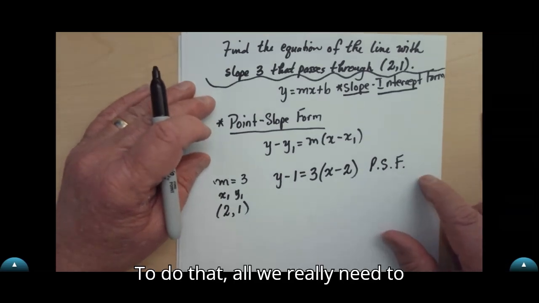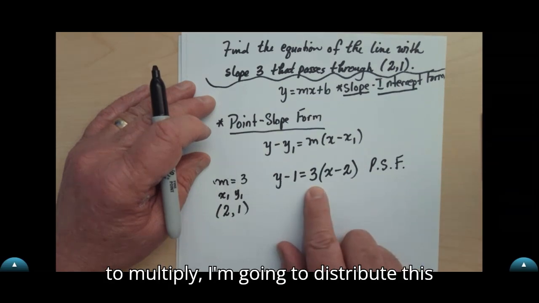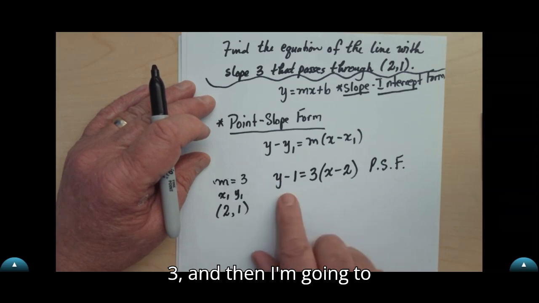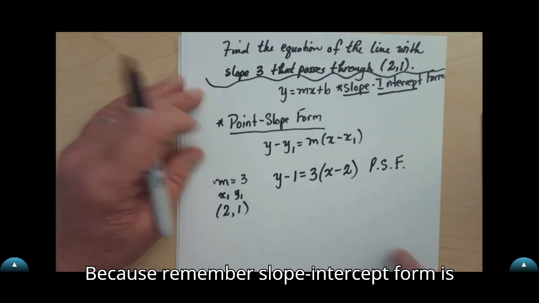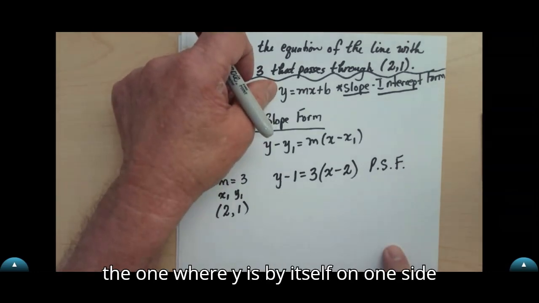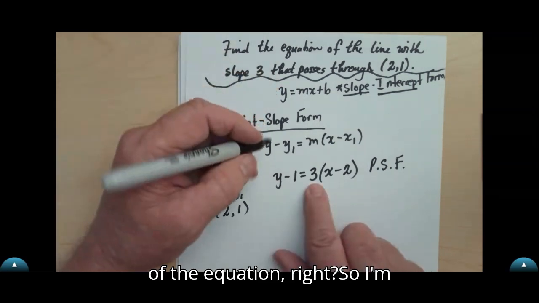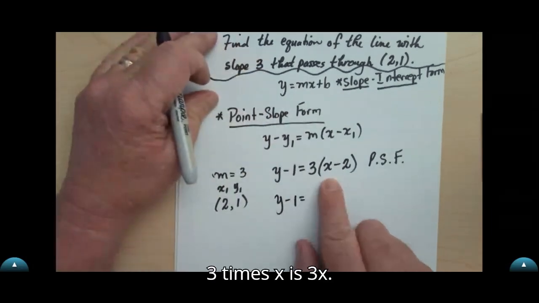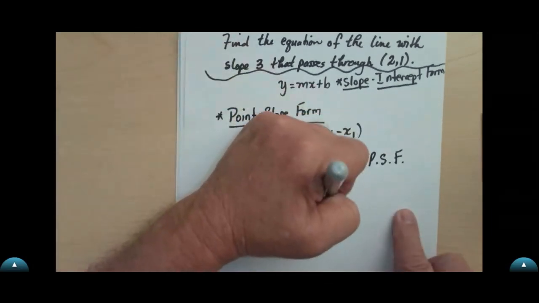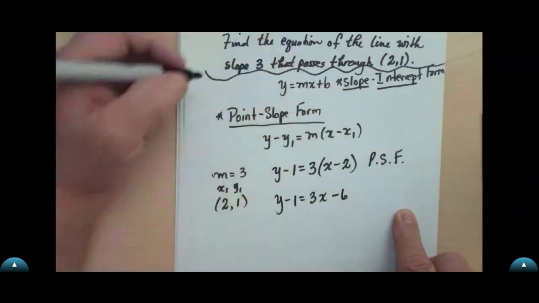To do that, all we really need to do is simplify this. I'm going to distribute this 3. And then I'm going to add 1 to each side. Why? Because remember, slope intercept form is the one where y is by itself on one side of the equation, right? So I'm going to distribute this 3. 3 times x is 3x. 3 times -2 is -6.